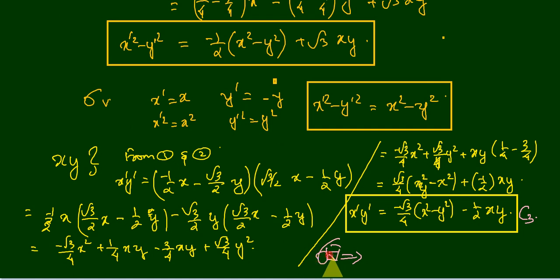During the sigma v operation, x dash is equal to x and y dash is equal to minus y. Therefore x dash y dash is equal to minus xy. Okay, this is another result. So x dash y dash transforms as minus xy during the sigma v operation. So let me put that inside another box.